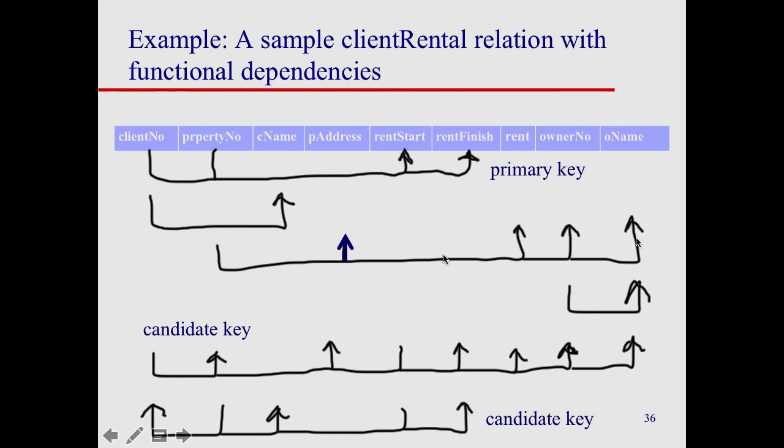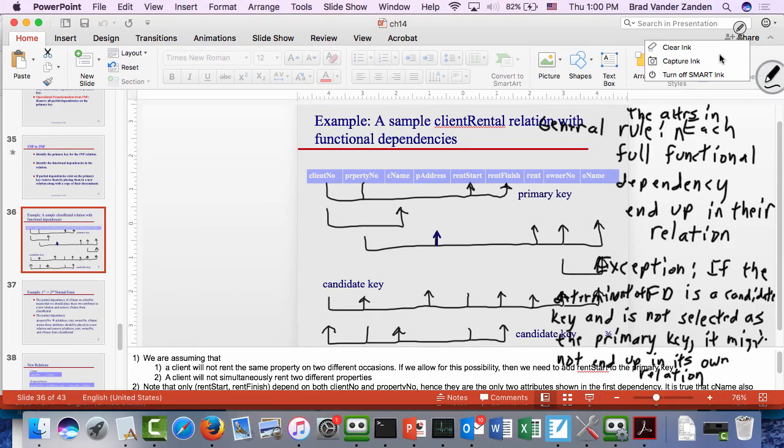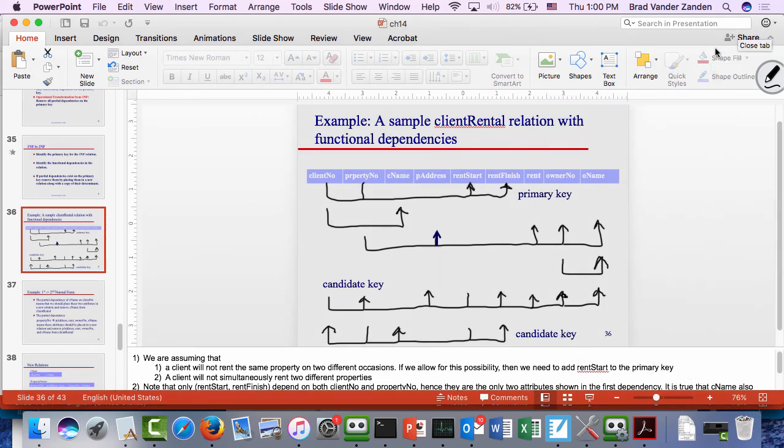Because it's transitive. It's actually dependent on the owner number. So I should get rid of that, because we don't explicitly represent the transitive dependencies.